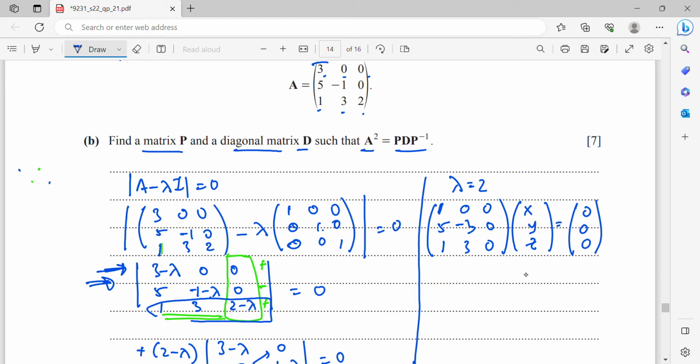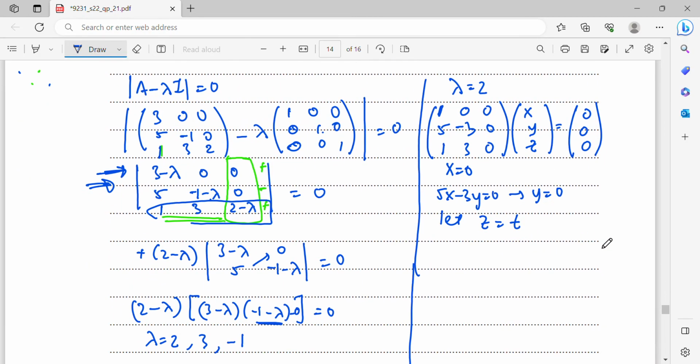Now when you multiply the first row, x equals 0. The second row: 5x minus 3y equals 0. Since x is 0, y is also 0. For the last row, you get x and y only, there's no z. Therefore you let z be any parameter, let's say t.